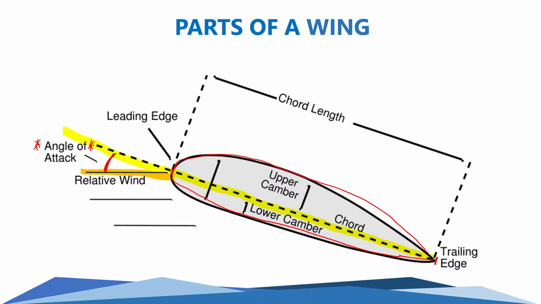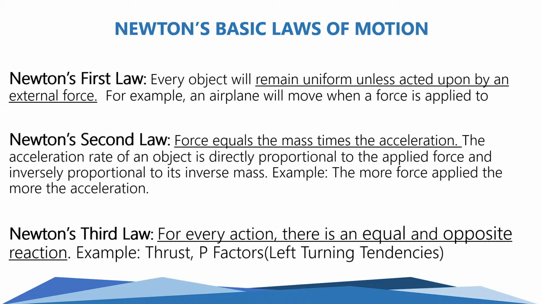Moving on, and we'll talk about how a wing actually flies, or what actually creates lift here. But let's go through some of the basics from your high school physics class. There are three basic laws of motion. So from Newton, we've got Newton's first law, which is every object will remain uniform unless acted upon by an external force.